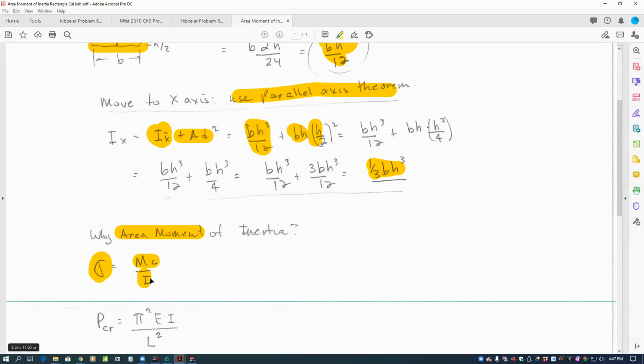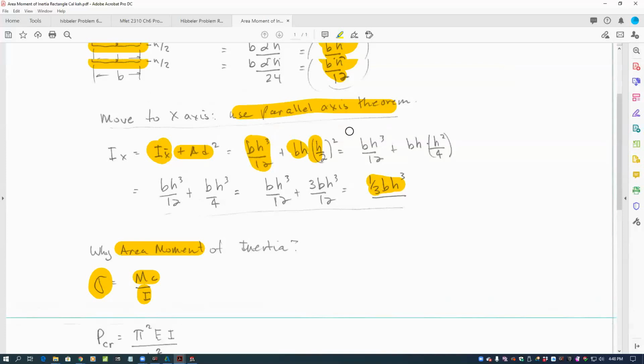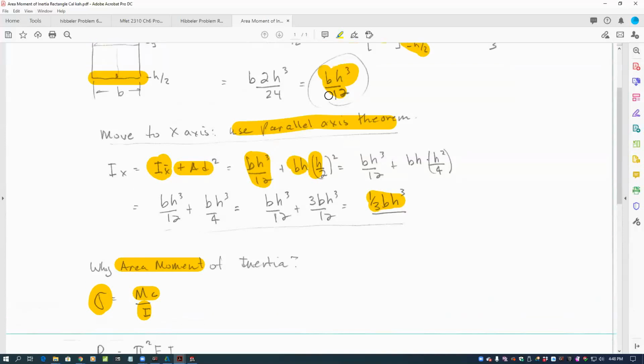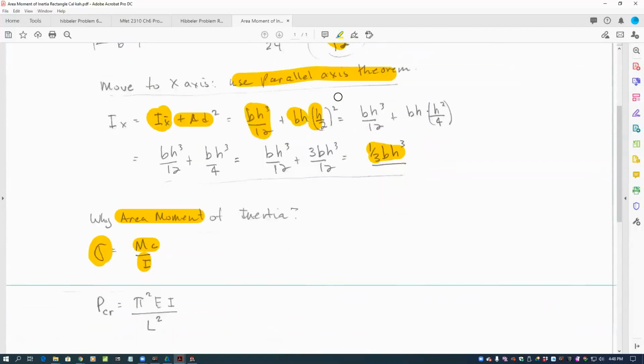area moment of inertia. So in one sense, we can think of area moment of inertia as a resistance to flexure stress. When it's in units to the fourth, it becomes a very difficult number to get our minds around, an abstract number.